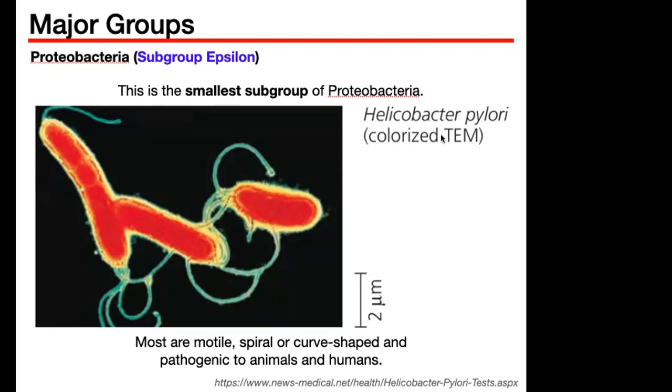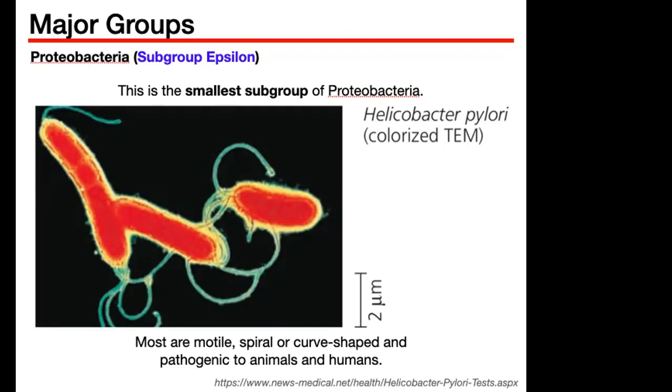An example for this is Helicobacter pylori, and this one is the causative agent for stomach ulcers. Another well-known representative for this group is Campylobacter, which also causes gastrointestinal disorders in humans, no? And most are motile, spiral, or curve-shaped and pathogenic to both animals and humans. Okay? So that's for proteobacteria.